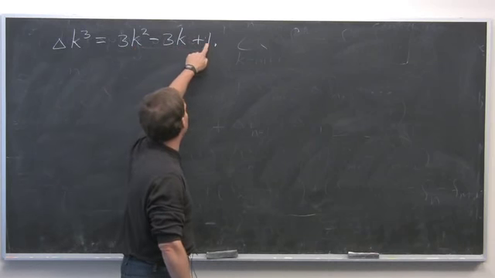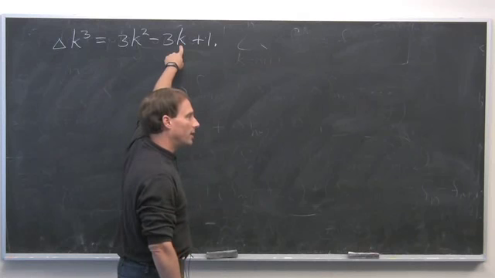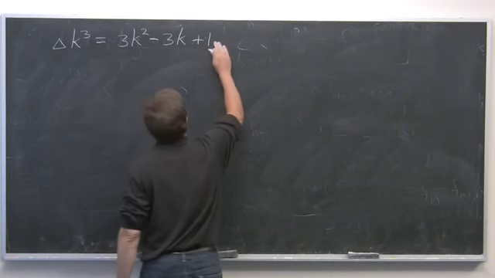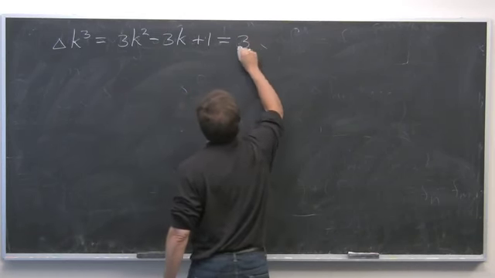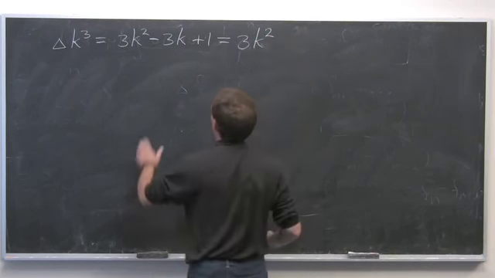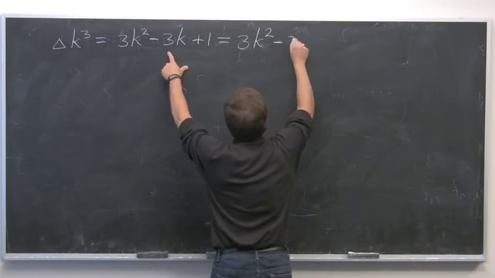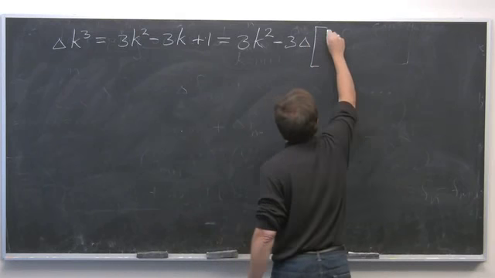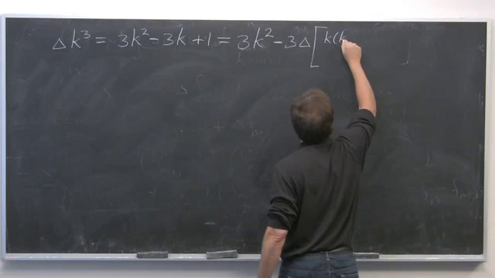Well, we know 1 is delta of k. We just solve for k as a delta of something. So we're going to write this side as 3k squared minus 3k, but we just found that k is delta of k times k plus 1 over 2.